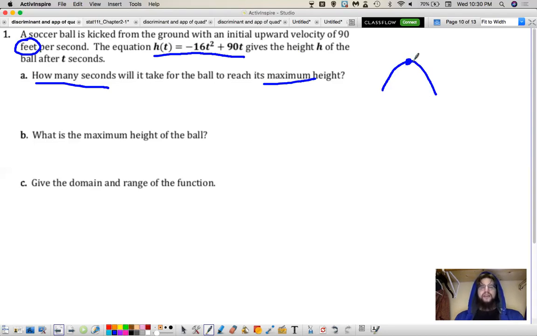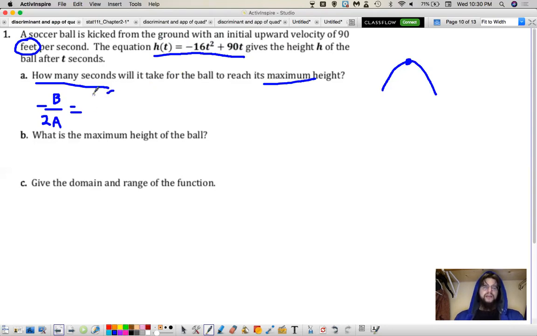So how many seconds? Now, how do we find the vertex? Well, if you remember, you can do negative b over 2a. This one is written in standard form for us. They got the t squared and the t. C is 0, but we don't care what c is in here, so that's okay.